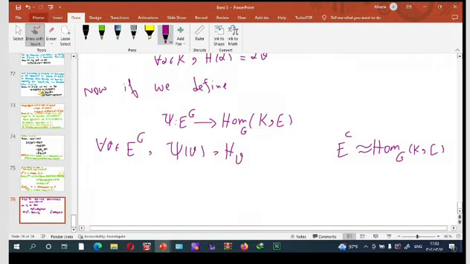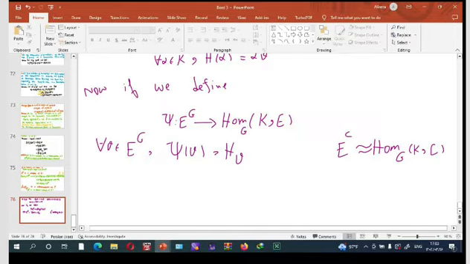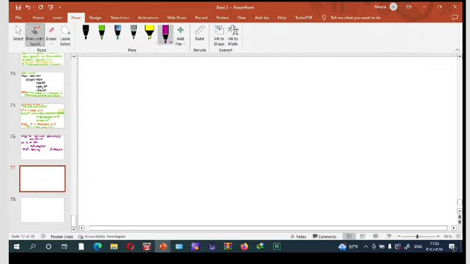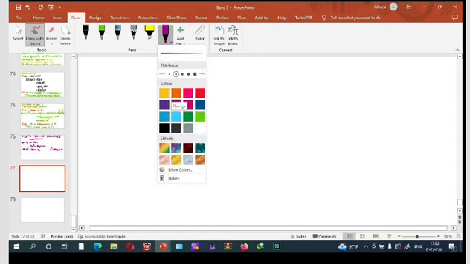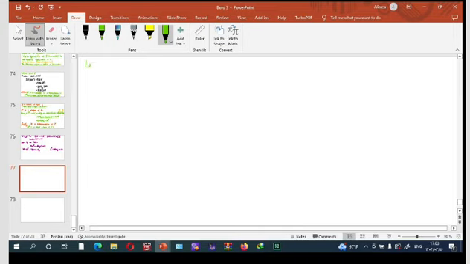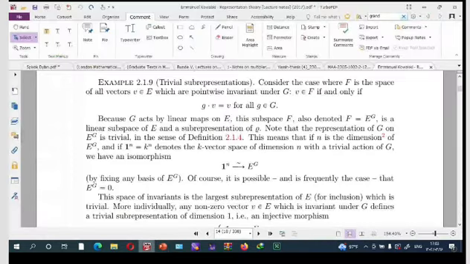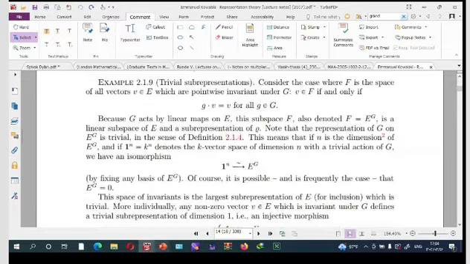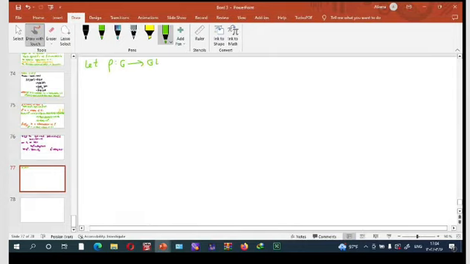We call E^G equal to, let rho from G to GL(E) be a representation.